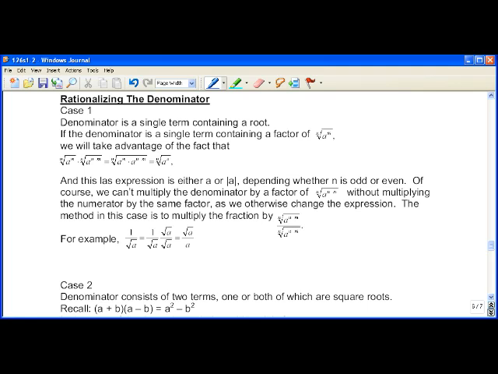So we multiply the nth root of a to the m by the nth root of a to the n minus m. So what we have is a to the m times a to the n minus m, excuse me, is a to the m plus n minus m, which is a to the n.